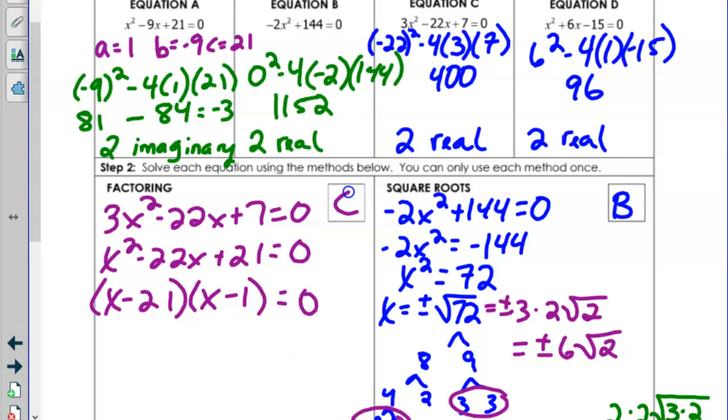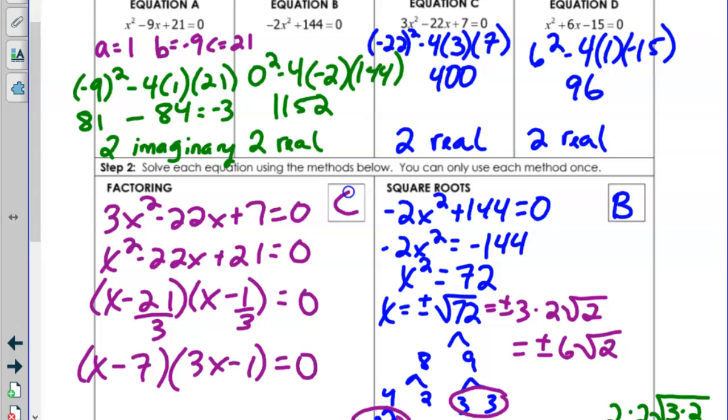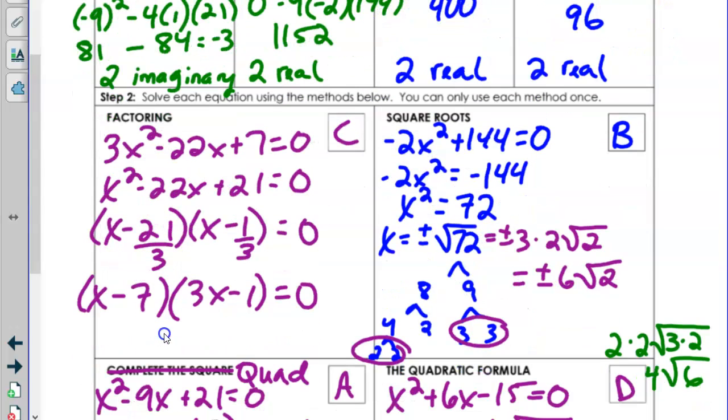Then we have to take that 3 back out. We're going to divide each by 3. 21 divided by 3 gives me 7. This one, you're going to slide it back to be 3x minus 1. And then set each of those equal to 0. Alright, any questions on that page?